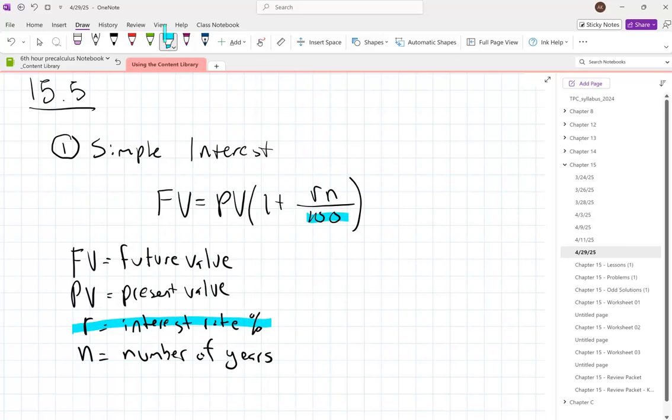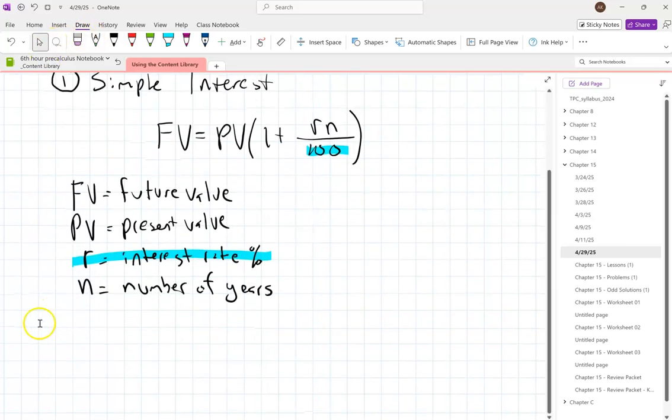That's all the 100 is doing, converting your interest rate from percentage to decimal. However you feel like doing it, I usually just leave it as a percentage and use the 100 in the formula. It's pretty straightforward, just a formula.